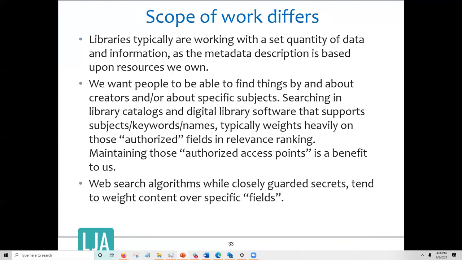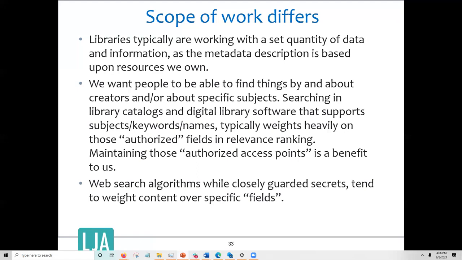We're not trying to describe everything in the world. We only want people to be able to find those resources typically that we have curated, collected, or acquired, purchased, however we have collected those resources. So our set of resources is smaller than the whole world.